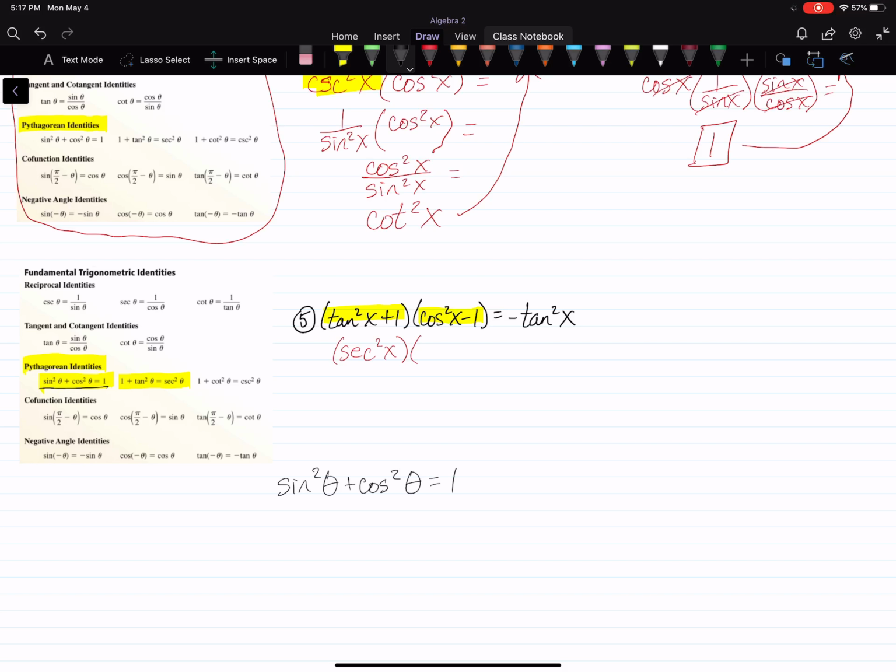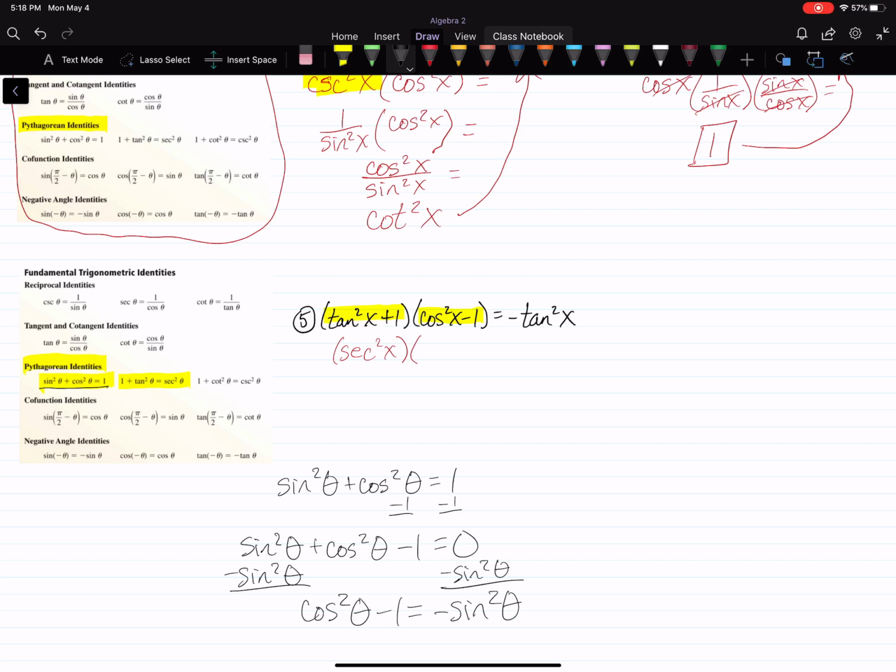So if I move the 1 over, now I will have sine squared theta plus cosine squared theta minus 1 equals 0. And if I move my sine squared over, now I can see that cosine squared theta minus 1 equals negative sine squared theta. So I'm going to replace this cosine squared x minus 1 with negative sine squared x.